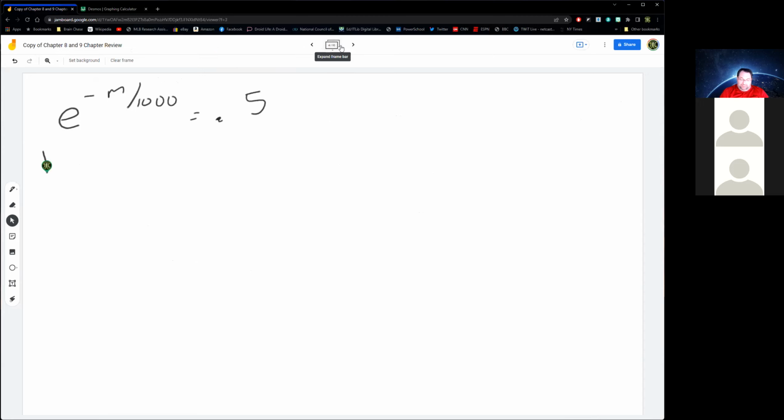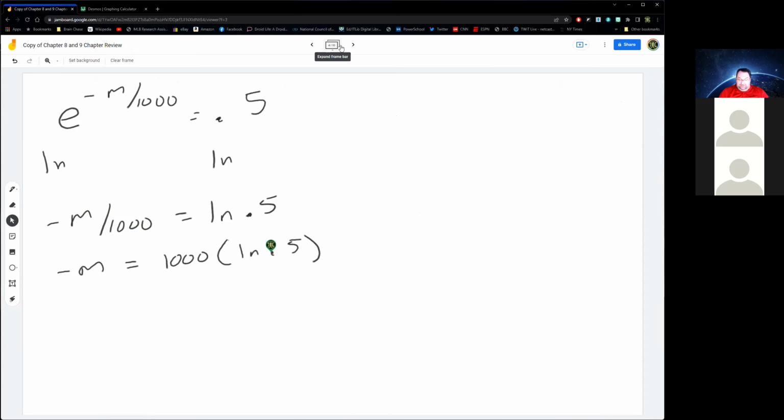So we do ln of both sides. So I get negative m over 1,000 equals ln of 0.5. So I get negative m equals 1,000 times ln of 0.5. So it's the negative version of that.